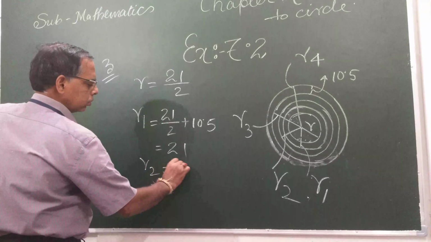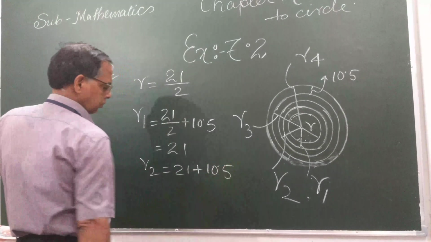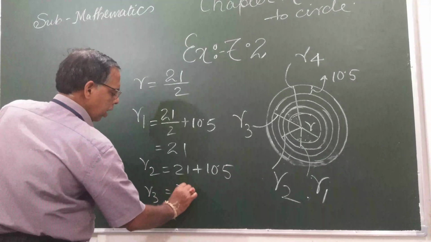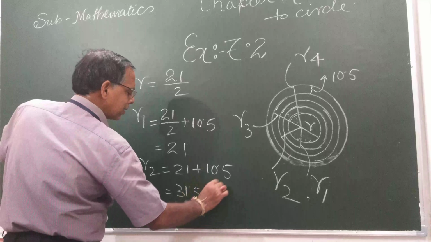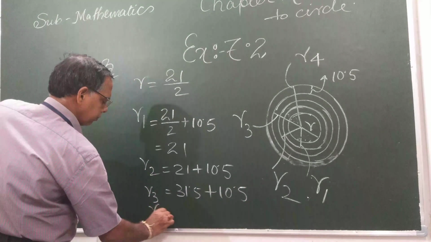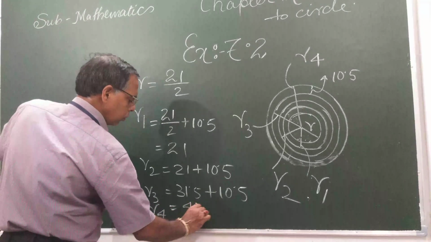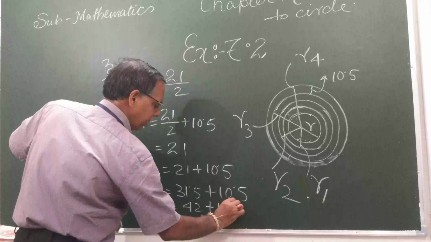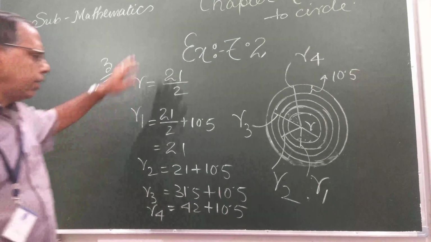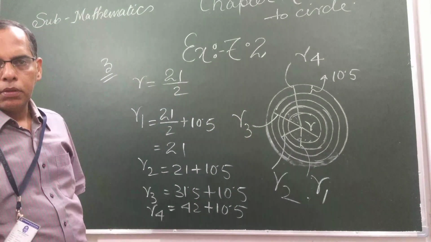R2 is 21 plus 10.5. R3 is 31.5 plus 10.5, and R4 equals 42 plus 10.5. So these are the different radii of the five circles.